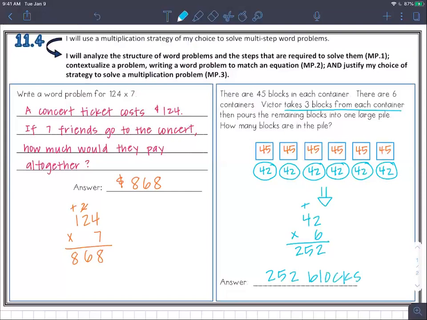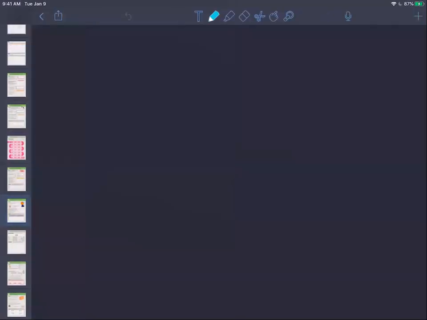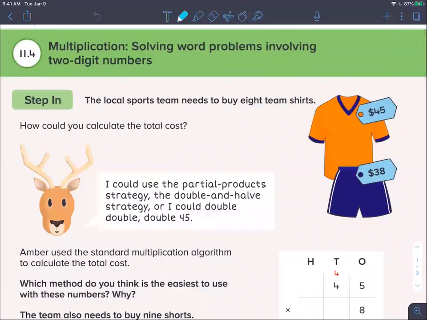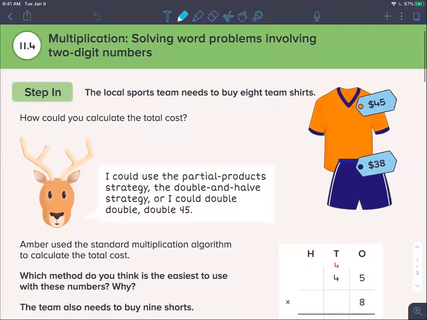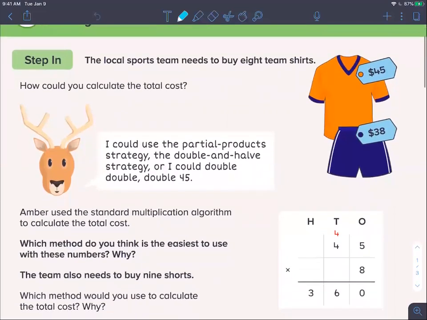All right. Now let's go take a quick look at our stepping stones for 11.4. Solving word problems involving 2-digit numbers. Okay. So if we walk through the step in, they give us the cost of a uniform shirt and shorts, and the local sports team needs to buy 8 team shirts, okay, and the shirts are $45.